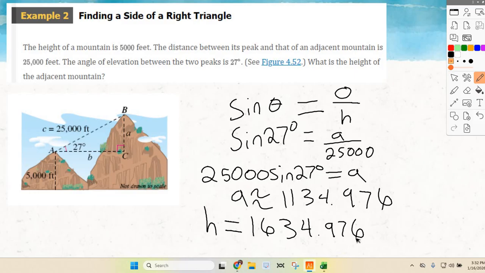I might have dropped a zero somewhere, that's why. Oh yeah, my decimal's just in the wrong place. So the amount is 11,349.762, and that's the rise of the upper mountain.